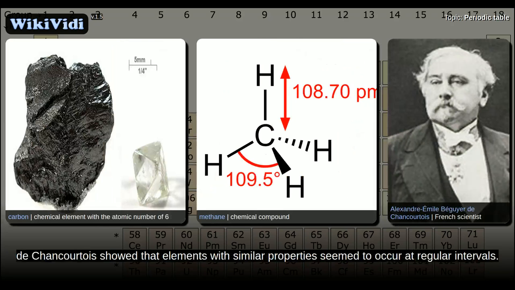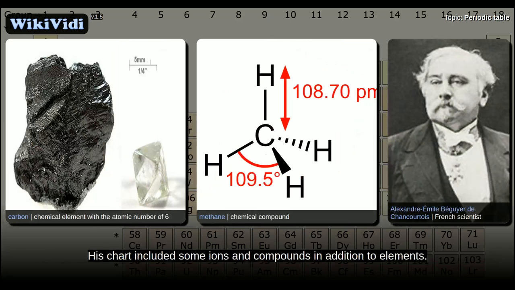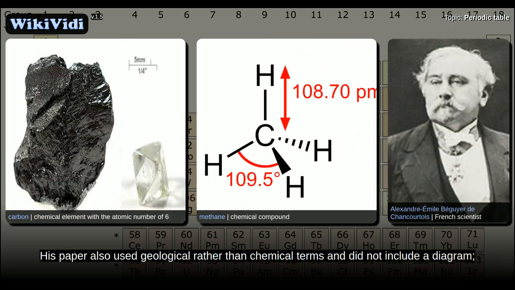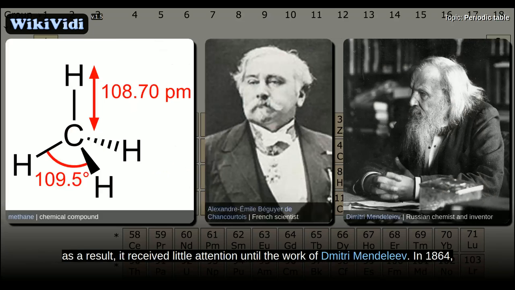De Chancourtois showed that elements with similar properties seemed to occur at regular intervals. His chart included some ions and compounds in addition to elements. His paper also used geological rather than chemical terms and did not include a diagram. As a result, it received little attention until the work of Dmitri Mendeleev.